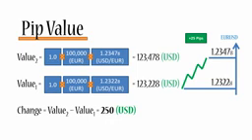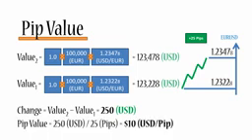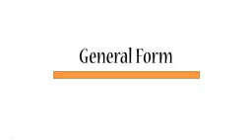And obviously the pip value is going to be equal to the change in value divided by the change in pips. And in our case, it's $250 divided by 25 pips because, as you can recall, the price moved up by 25 pips. And that gives us a pip value of $10 per pip. That was quite simple and straightforward. All we had to do was take the difference in values, which we calculate separately, and divide by the difference in pips.